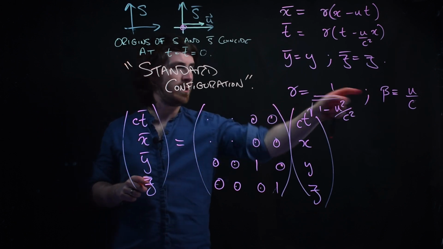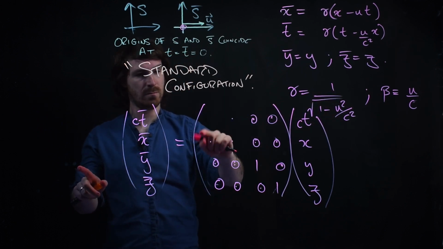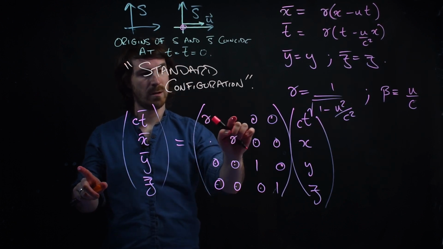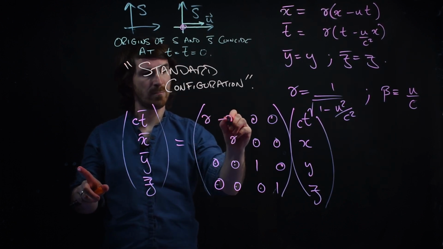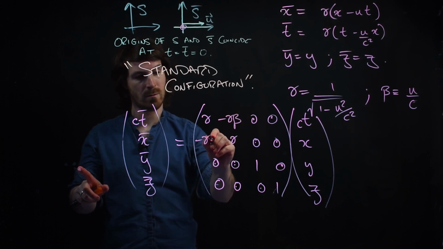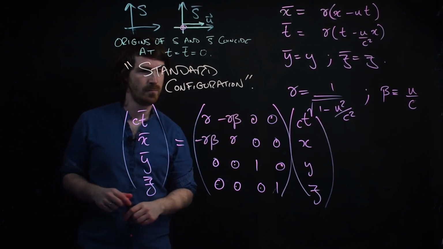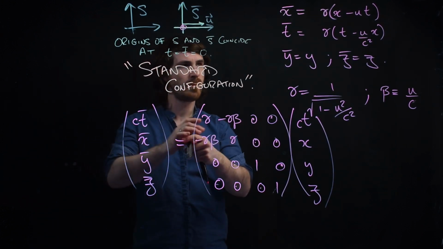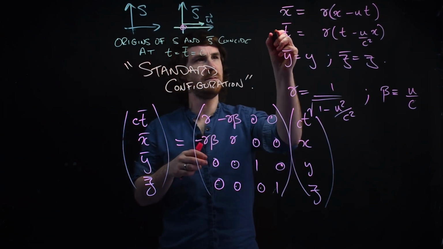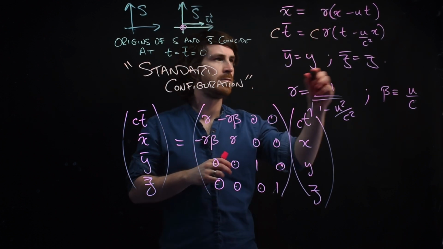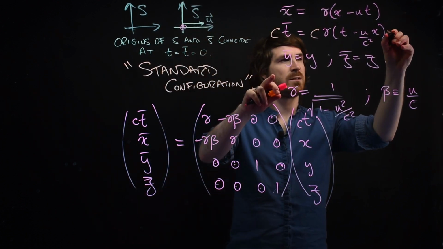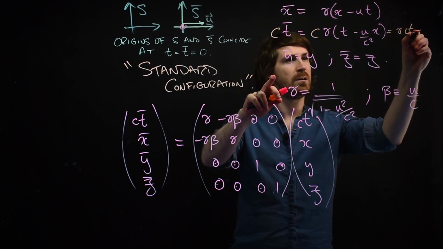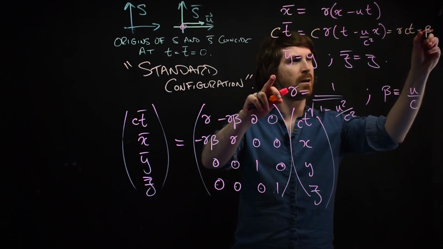And with gamma and beta introduced, we can just write this as gamma, gamma, and then we have a minus gamma beta. Okay, so you can see this for yourself. c t bar, okay, it's c times this thing, which equals gamma ct minus beta x.